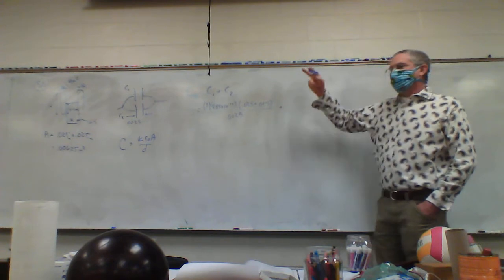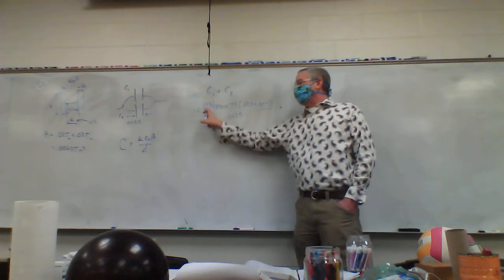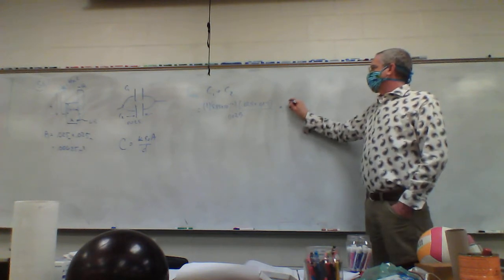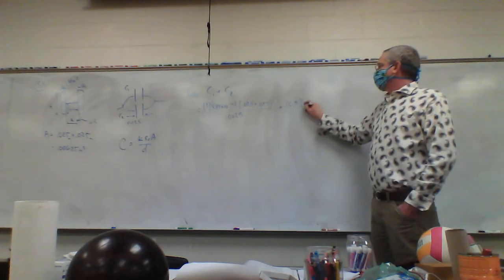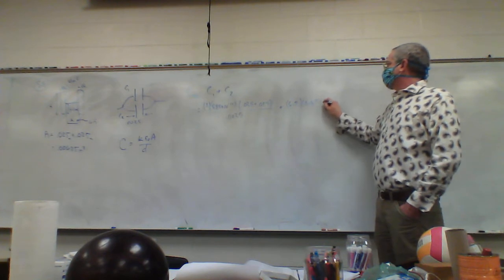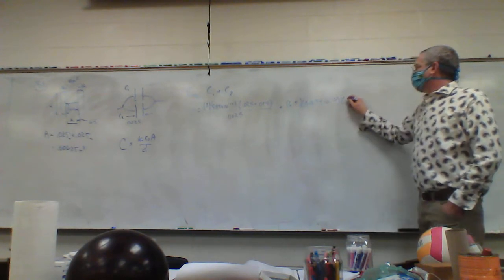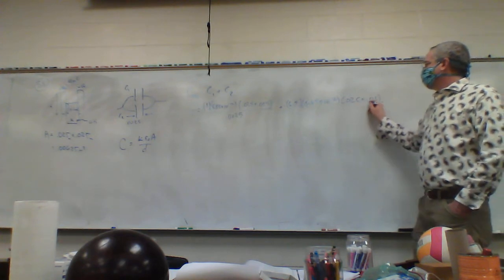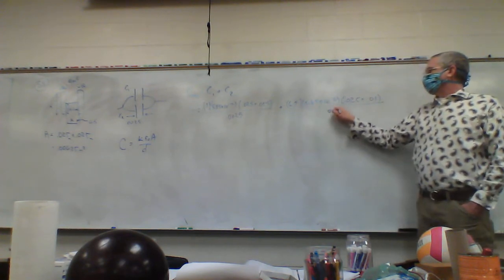plus, very similar to what we just had, except we now have a dielectric in between, and the height's a little bit different. So this becomes 6.5 times 8.85 times 10 to the negative 12 times 0.025 times 0.01 divided by 0.0025.